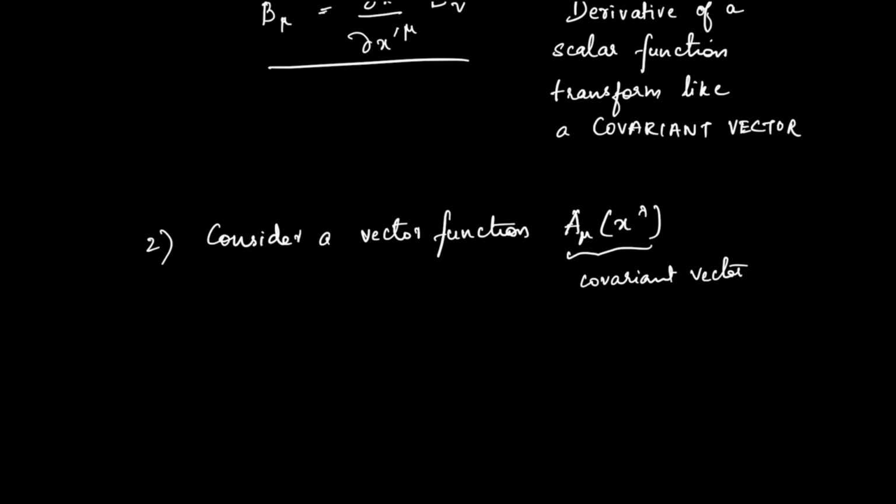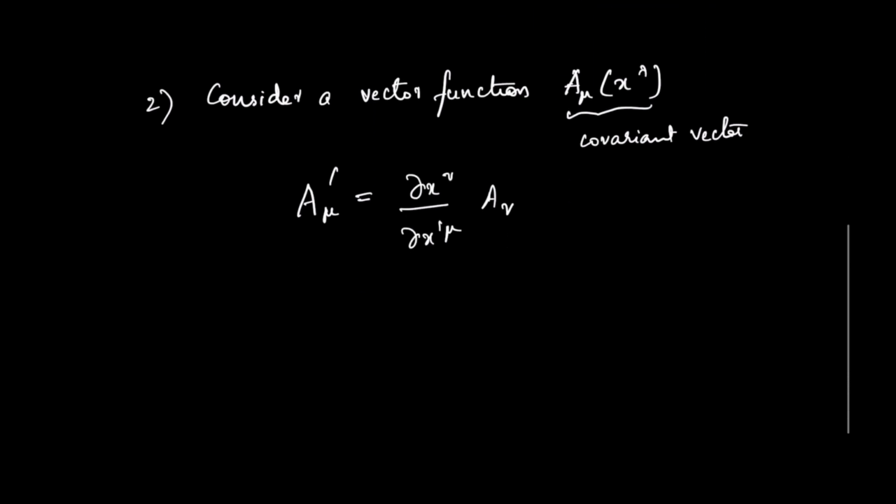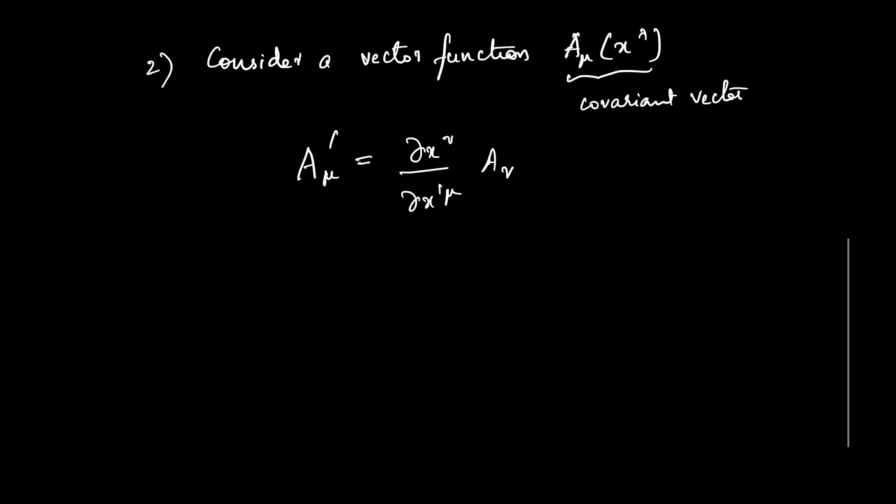So under the transformation, a mu prime can be written as the partial derivative of x nu with respect to x prime mu, times a nu. Now I take the derivative of this vector function in the new coordinate system with respect to x lambda. So the partial derivative with respect to x lambda of a mu prime.